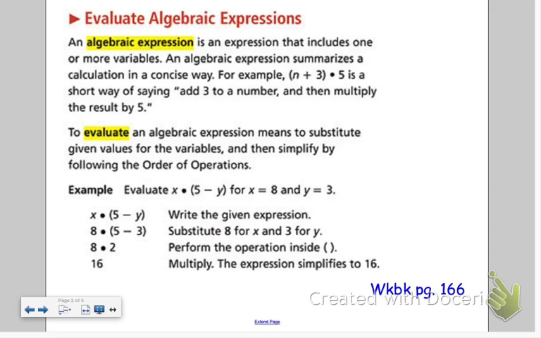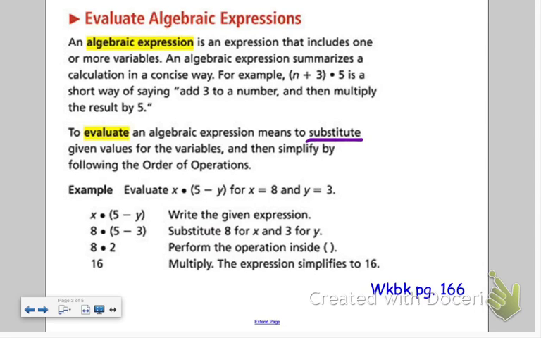To evaluate an algebraic expression means to substitute given values for the variables and then simplify by following the order of operations. Evaluate is just a fancy word for solve. And when you're evaluating it, the first thing you have to do is what we call the substitution step.